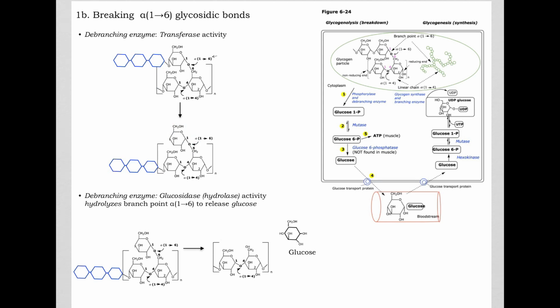In the next step, the hydrolytic activity, what we call the glucosidase activity of this debranching enzyme, will hydrolyze the alpha-1,6. So it will break down this alpha-1,6 using water in this case, not phosphate. And that results in the formation of glucose, and the branch point is removed from the glycogen.